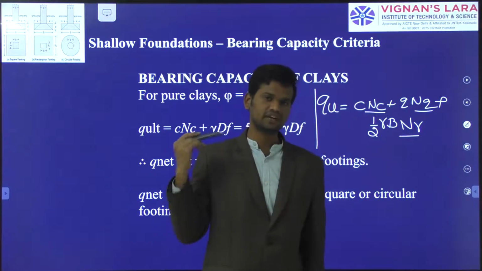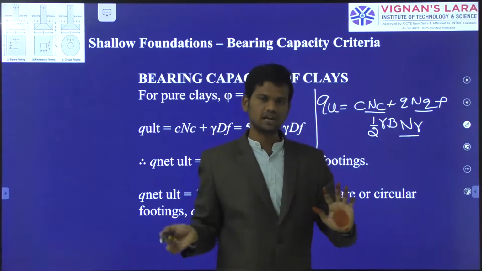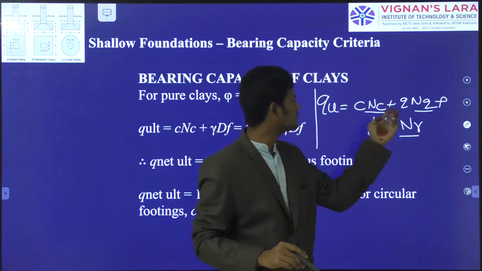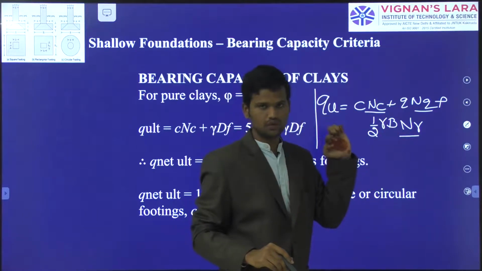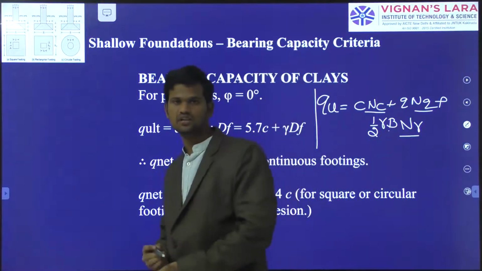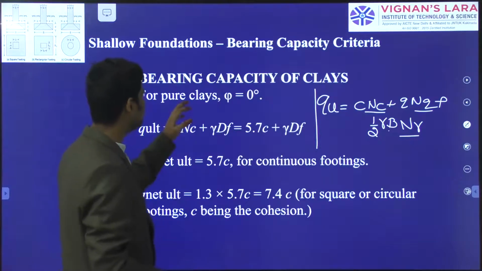Based on the angle of internal friction of the soil mass, these parameters we are taking directly from the chart or the table. And c is the cohesion of the soil mass, q is the surcharge pressure, gamma is the unit weight of the soil mass, B is the width of the foundation or footing.